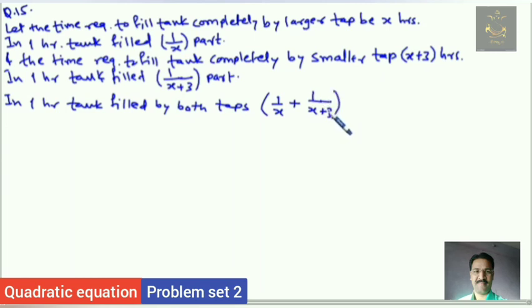Now this much part of the tank is filled by both the taps. Now the first given condition is what? The tank is completely filled by both the taps in 2 hours. This is in 1 hour.